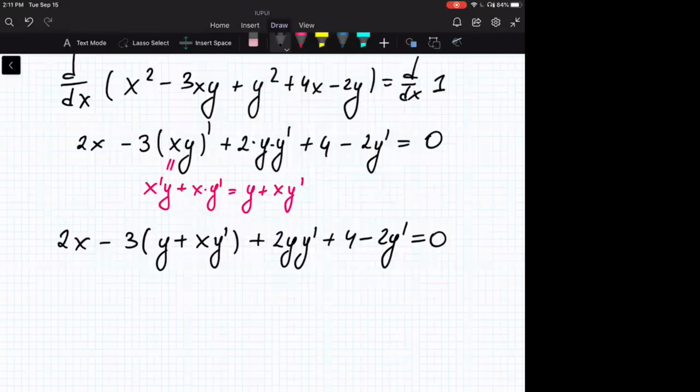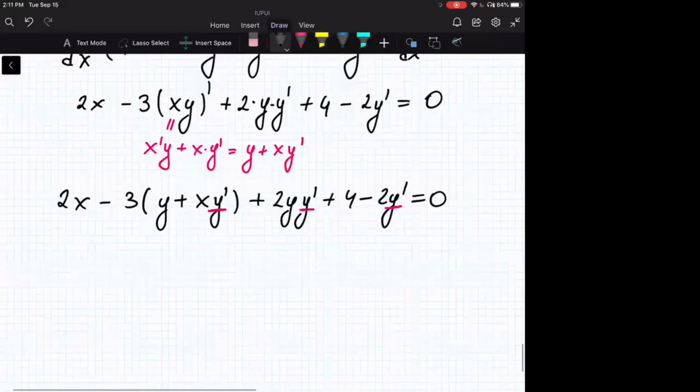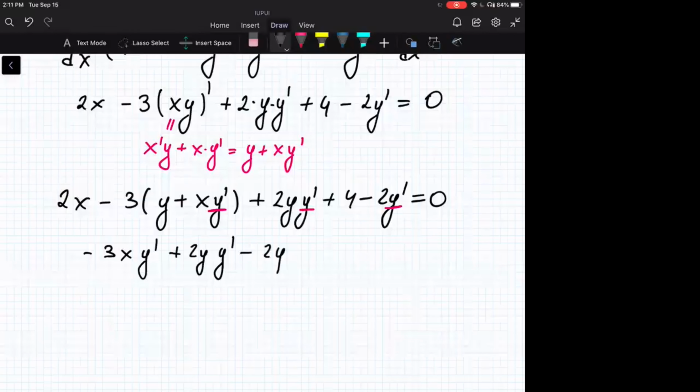Again, a long expression, but what I'm looking for is just y prime. So I again collect all the terms that contain y prime, and I get minus 3xy prime plus 2y y prime minus 2y prime, and put everything on the other side. So that is 3y minus 2x and minus 4.